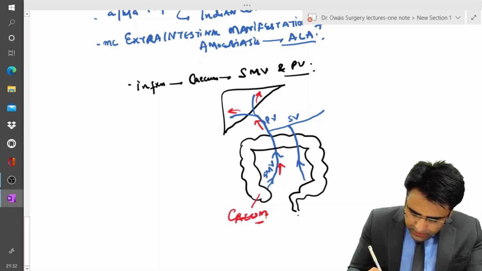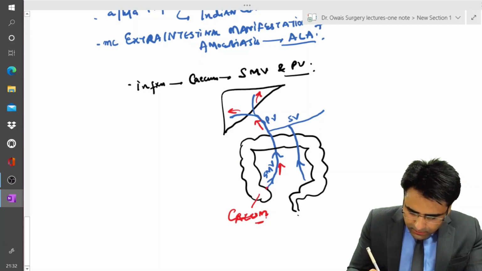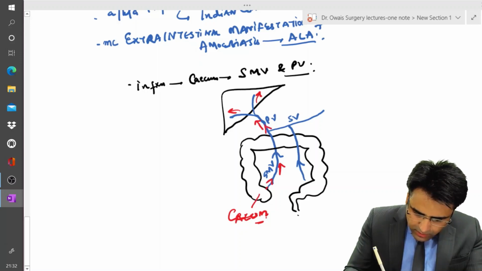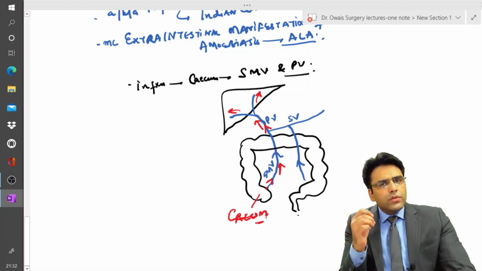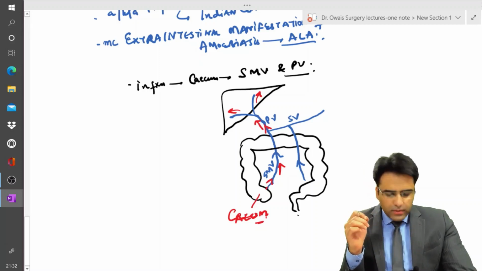The infection travels from the cecum via the superior mesenteric vein, reaches the portal vein, and then spreads to the right and or left lobe of the liver. The most common site where this infection can lodge is the right lobe of the liver.